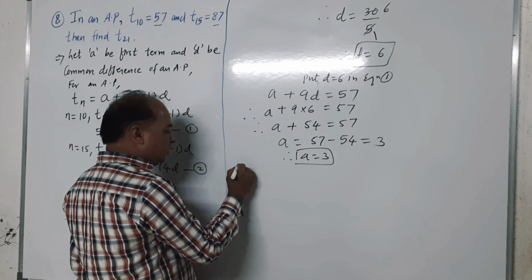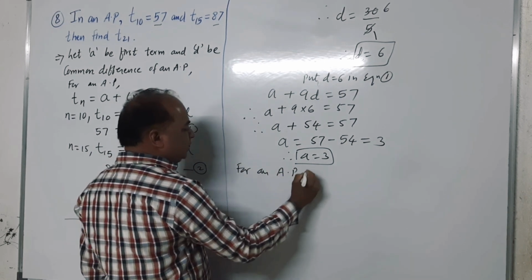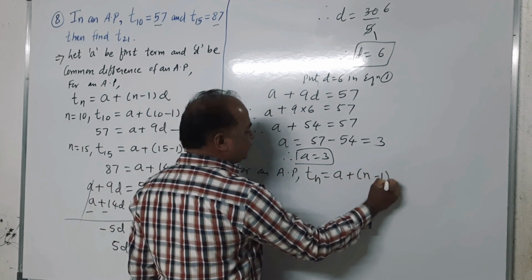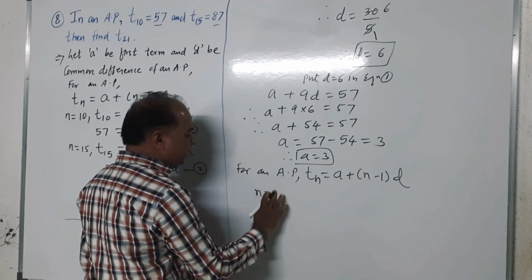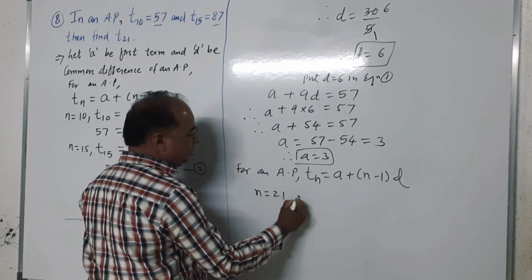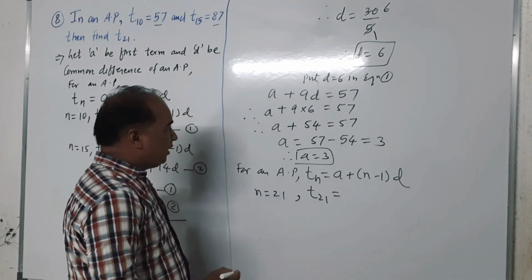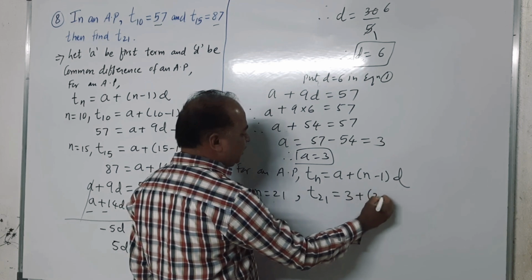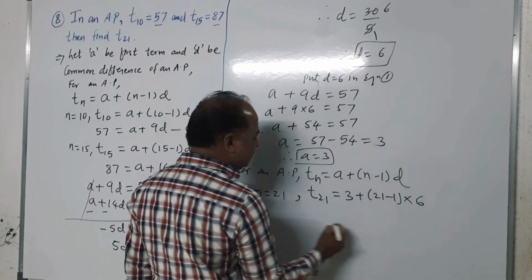Now for an arithmetic progression, Tn is equal to a plus n minus 1 into d. So for n equal to 21, you have to find T21, with a equal to 3 plus 21 minus 1 into d, where d is equal to 6.